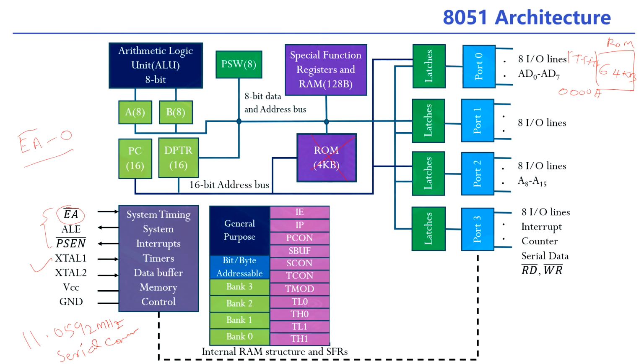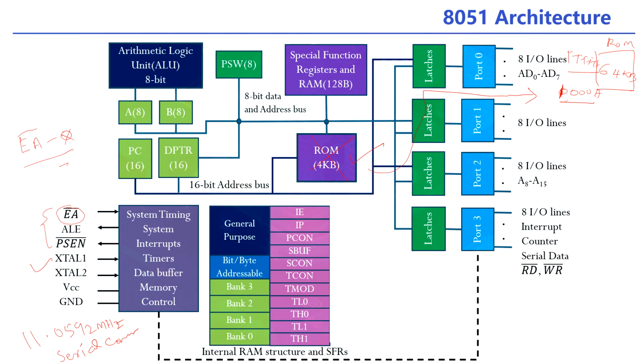But whenever you supply logic 1 instead of 0, in that case, first it will utilize the internal memory, and then only it will access the external memory from 1000H to FFFFH.